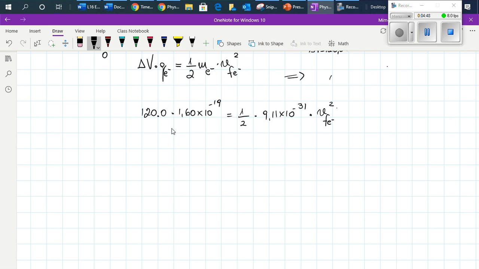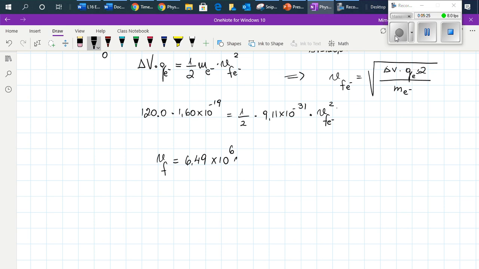Or you can use the formula V final of the electron is equal to the square root of delta V times Q times 2 over mass of the electron. Okay, and in this case, after you enter it in your calculator, V final will be 6.49 times 10 to the power of 6 meters per second.